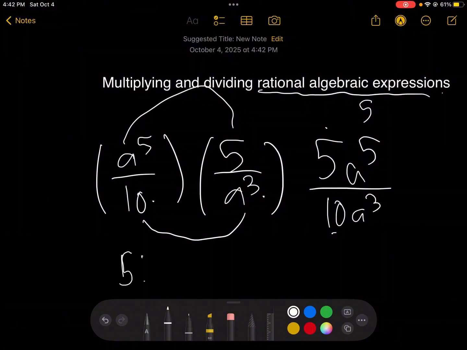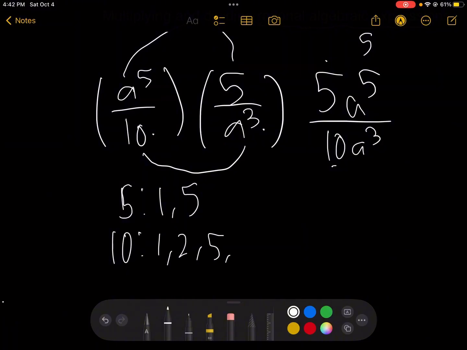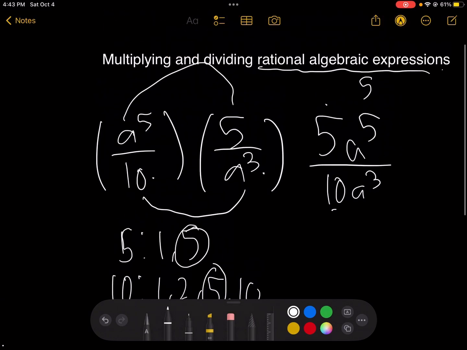The factors of 5 are 1 and 5 because it's a prime number. And 10 is 1, 2, 5, and 10. So you find the biggest number that they have in common. So the GCF is 5.